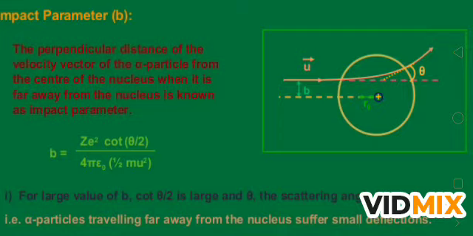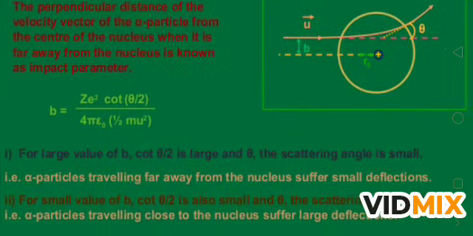It is experimentally observed that the value of b can be found with the help of this relation. b is equal to Ze square cot theta by 2 upon 4 pi epsilon naught, 1 upon 2 m u square. So for a large angle, the value of b cot theta by 2 is large, because if you see, the angle and impact parameter are directly proportional to each other.